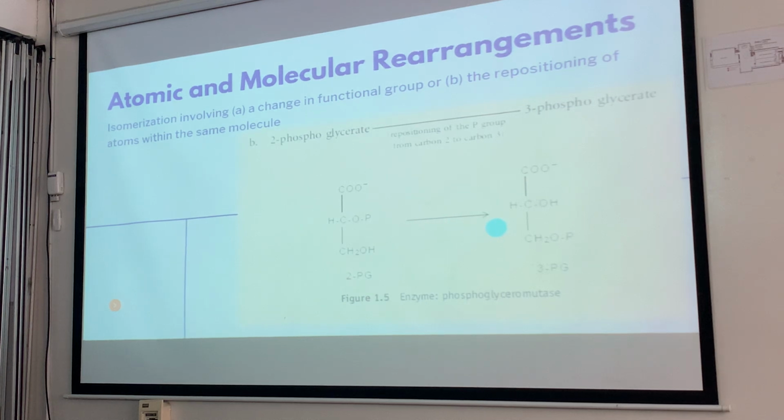Then it is repositioned, usually through the enzyme phosphoglycerate mutase, to the third carbon, carbon 3. So you can see the pattern.